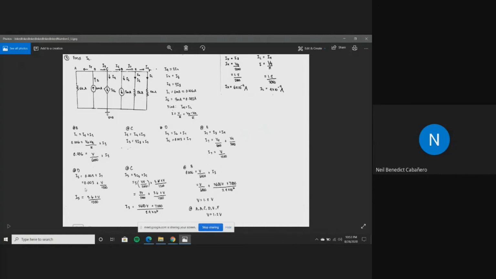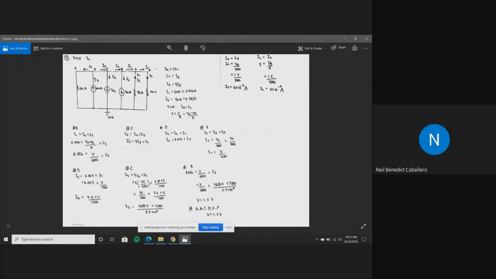So 0.003 plus V over 1200 is now I5 is equal to 3.6 plus V over 1200. So now this adds a new equation, so we use this to find the other unknown.